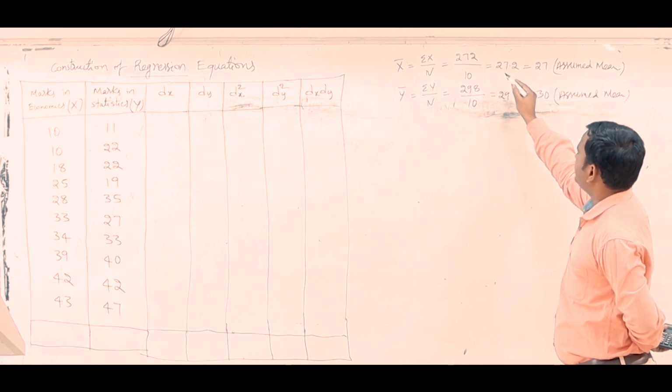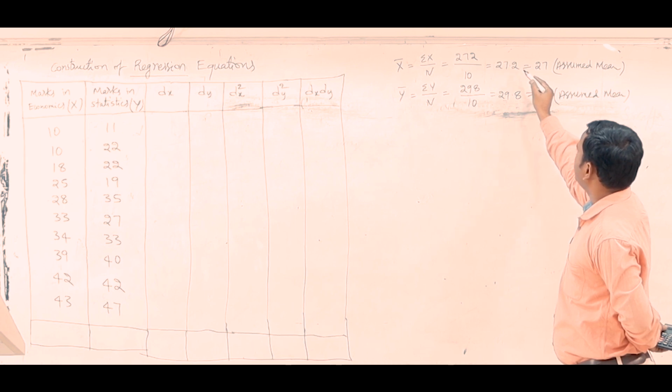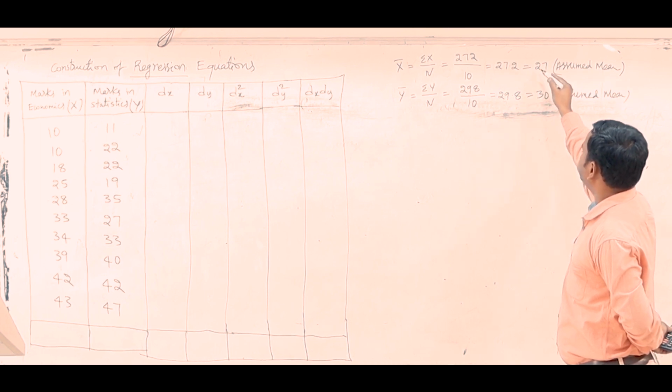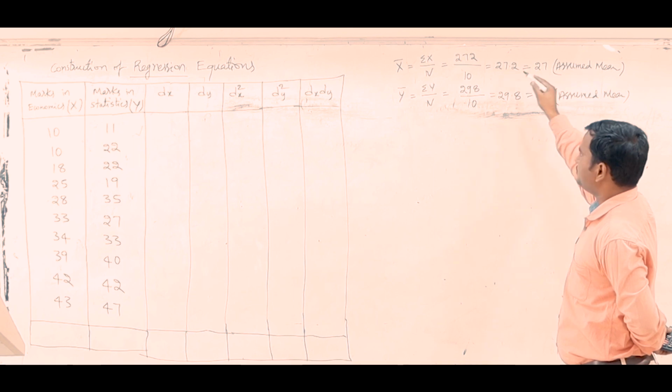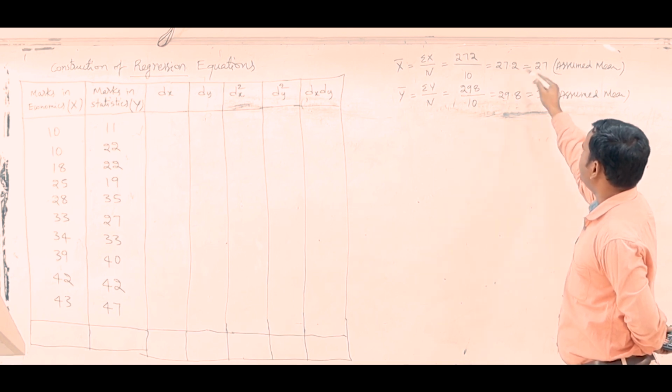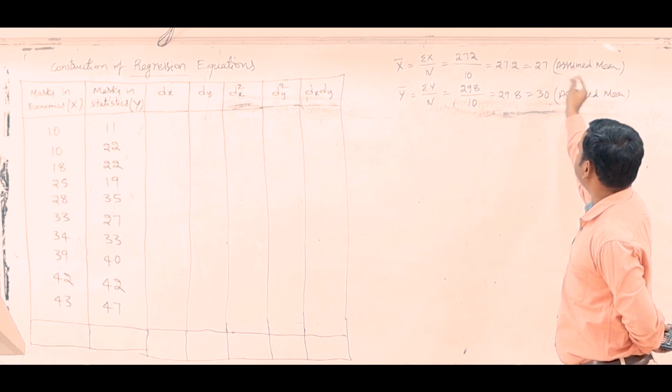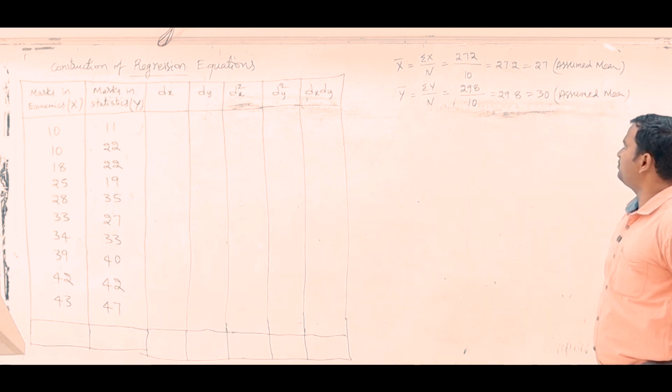Here we are getting a mean of 27.2, but we are rounding it off to 27. When you change the original value by rounding it off, it is the assumed mean.